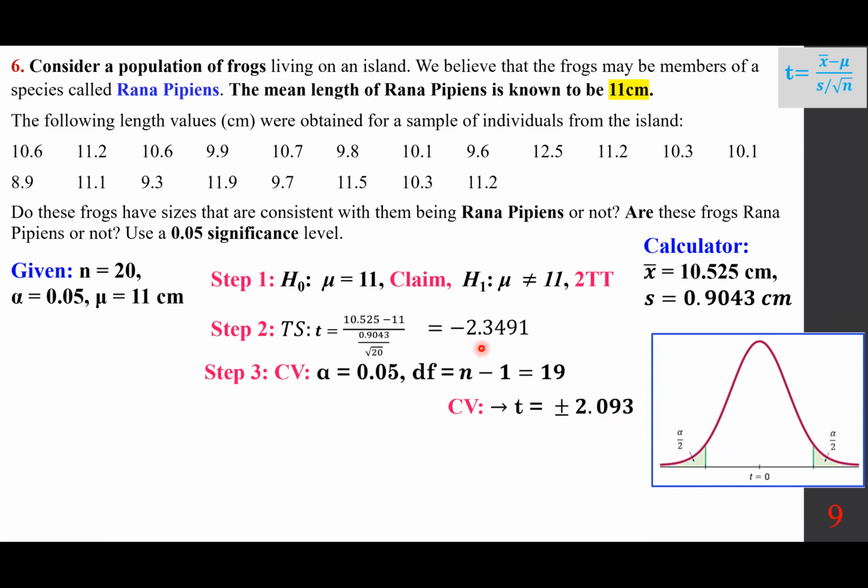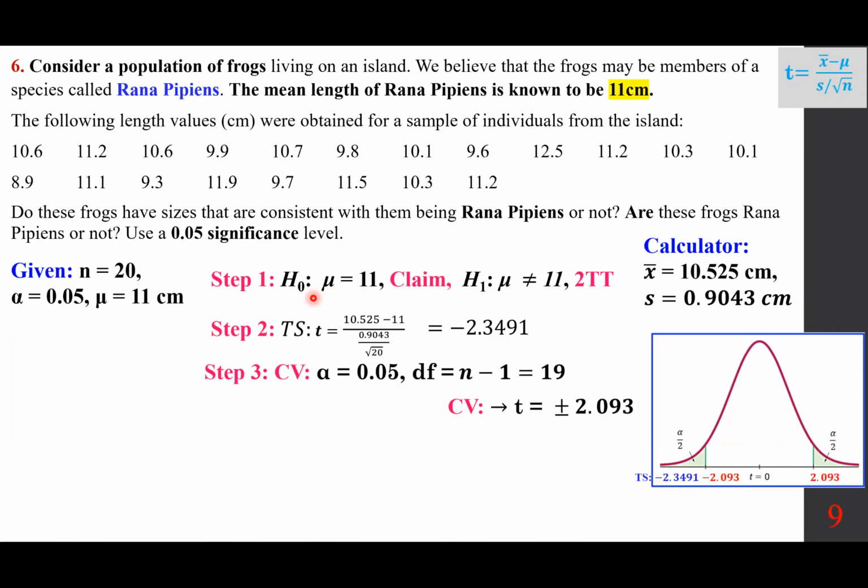Where does the test statistic go? First, you notice that this is less than negative 2.093. It's in the left rejection region. So according to the comparison of the critical value to the test statistic, reject the null hypothesis.